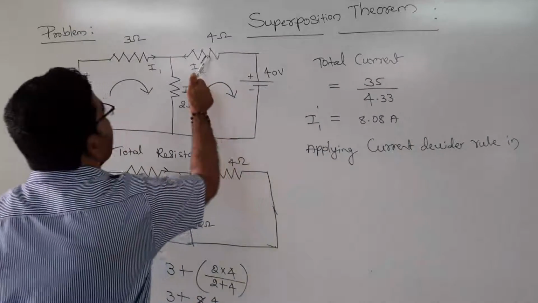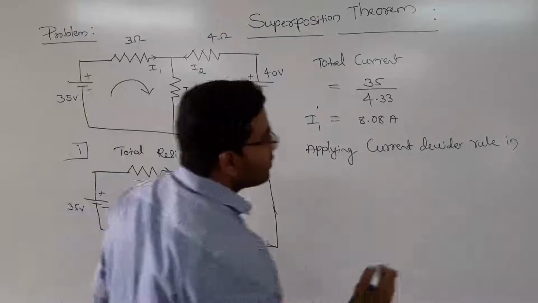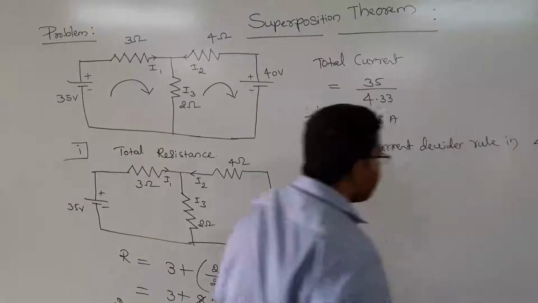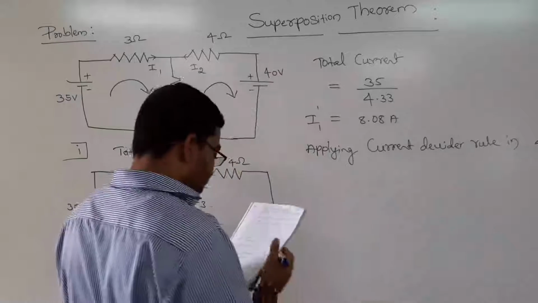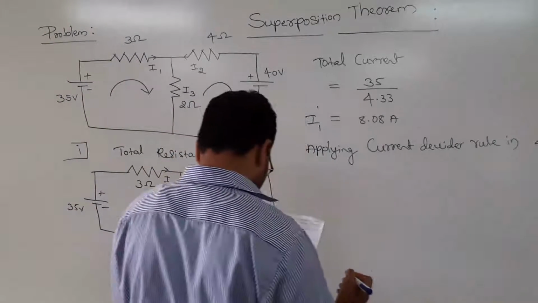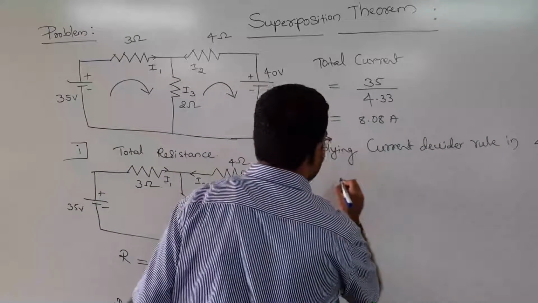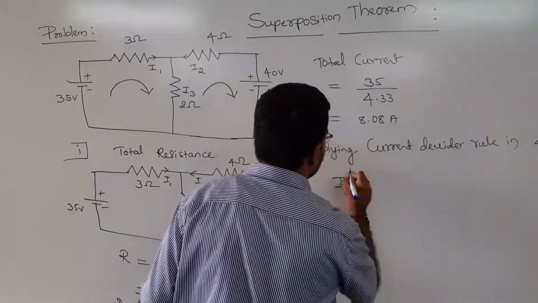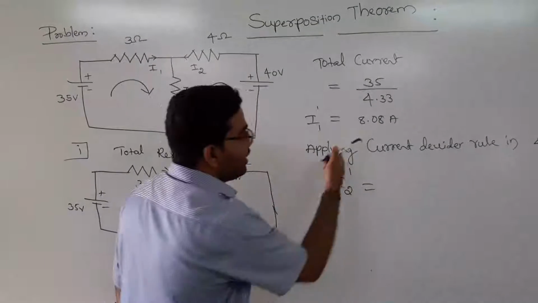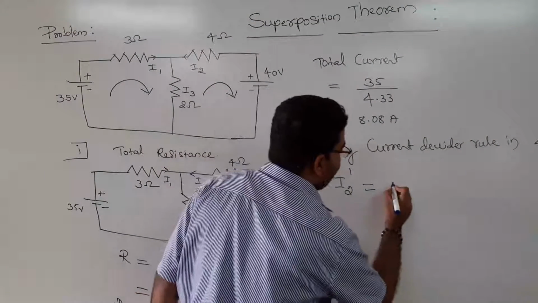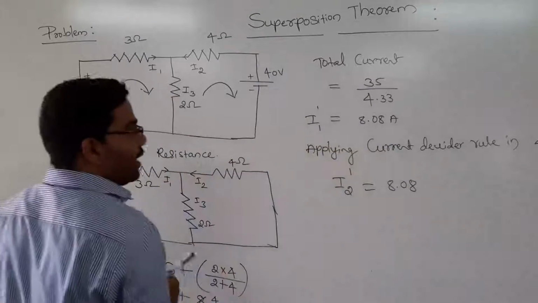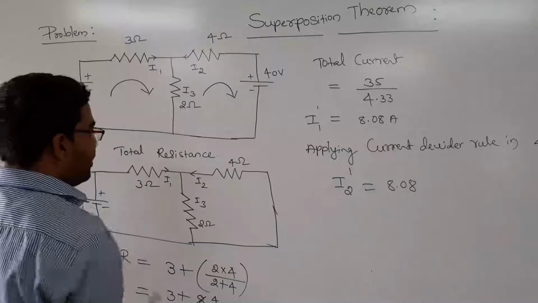So afterwards, the current I2 dash is equal to, I have to take the I1 dash current here, that is 8.08 amperes. Then current in 4 ohm resistance.